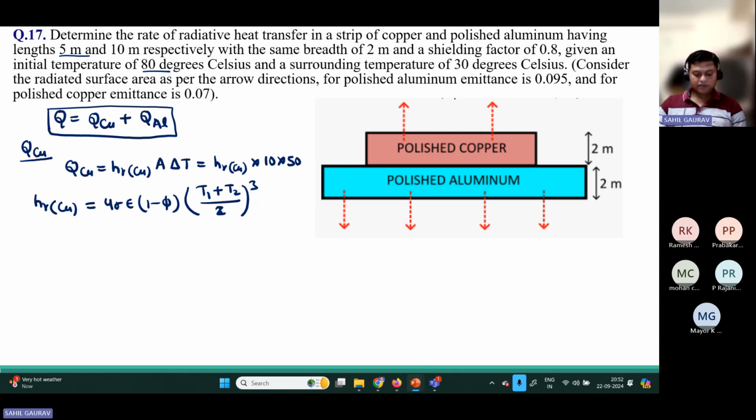The emissivity for aluminum is 0.095 while copper is 0.07.